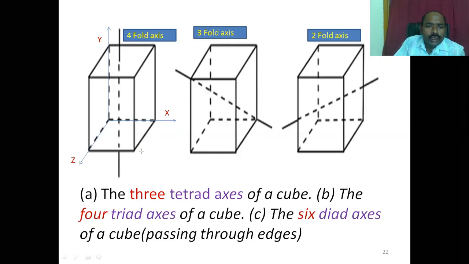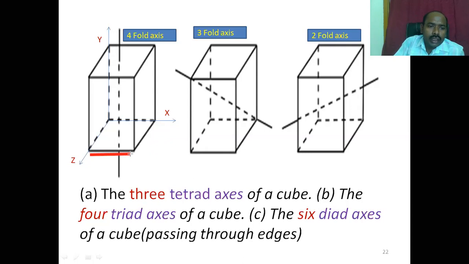After rotating 90 degrees, the earlier face comes to this side, and we observe the same face in size and shape. Such four rotations keep the crystal in the same position.